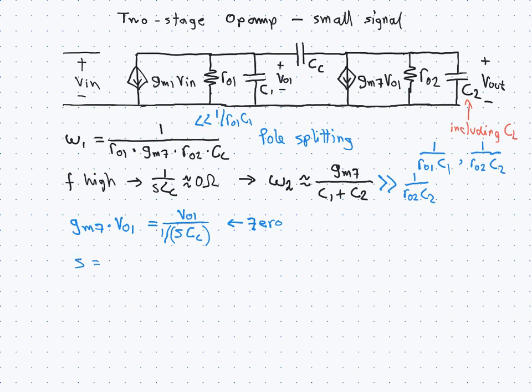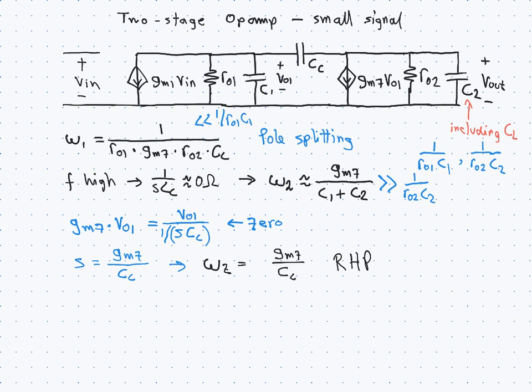So s equals gm7 over Cc. So we have a zero given by gm7 on Cc as well. Now you can see that this solution for s here sits in the right half plane on the real axis, which means that the zero here is right half plane.